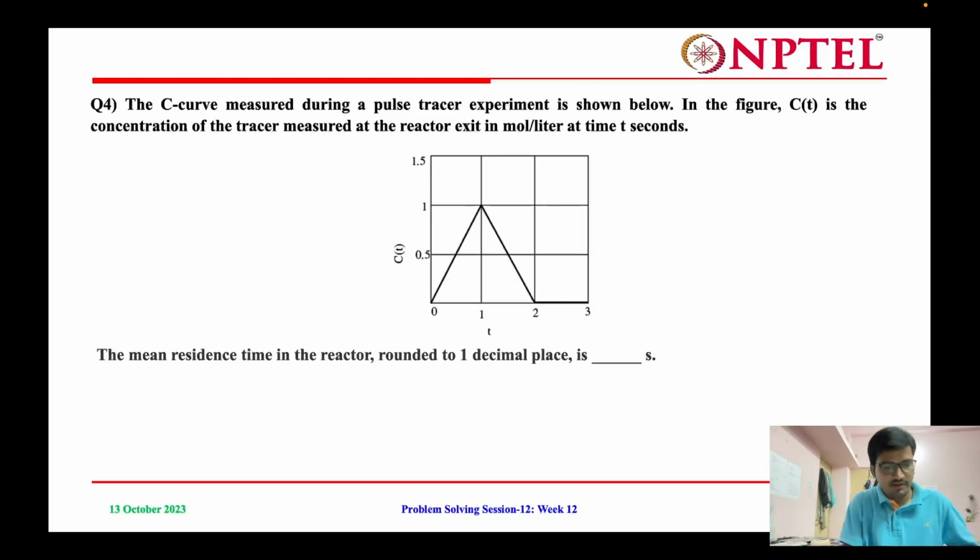So this is one approach. Now the second approach is a simple one. Here the mean residence time is the x coordinate of the centroid of a triangular distribution.